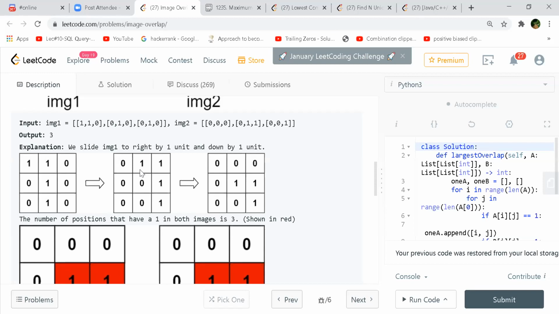Initially, when I looked at this problem, I thought we could do something like a prefix sum, and just find out if we have similar values when we are actually looking for the differences between the origin and the destination, something like that. But that will be almost the same as moving the image, right?